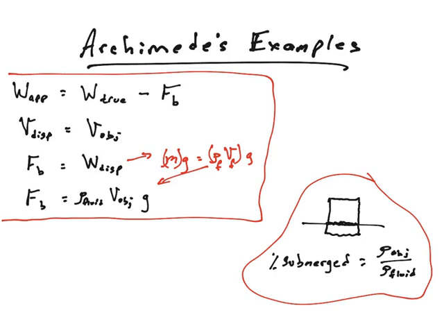And then the last little relationship, which is about how much of an object is submerged in the fluid being related to its density. And in fact, the fraction submerged is the ratio of its density to the fluid it's trying to float in.